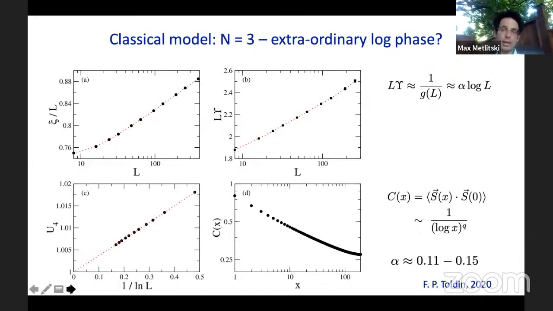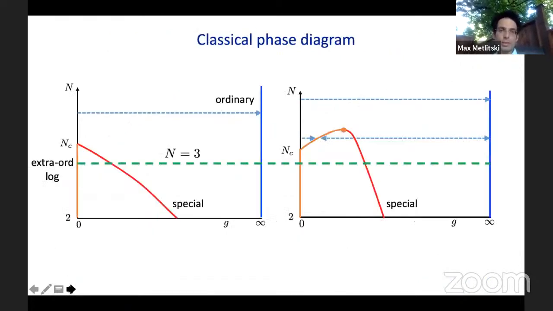So this is the best classical Monte-Carlo data for n equal to 3. It looks like n equal to 3 is below NC, so there is an extraordinary log phase and there is a special transition. We don't know yet whether we have scenario 1 on the left or scenario 2 on the right.